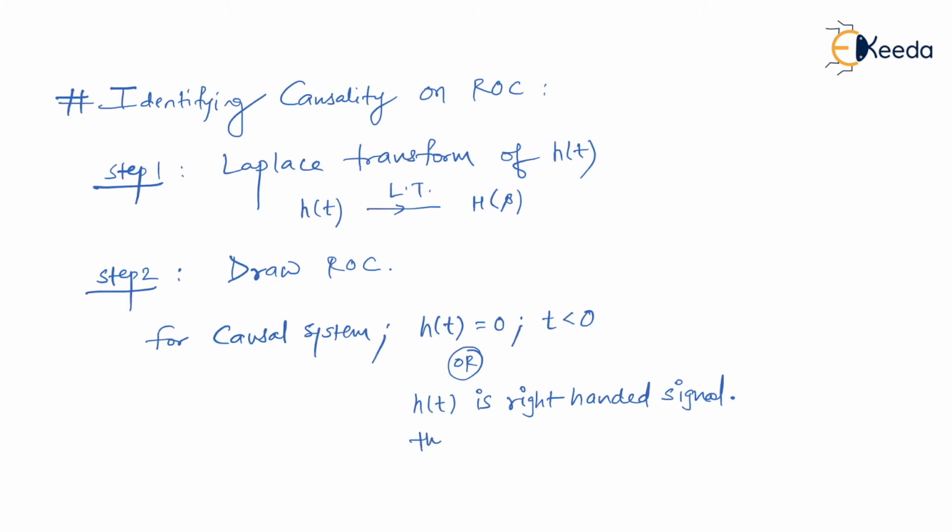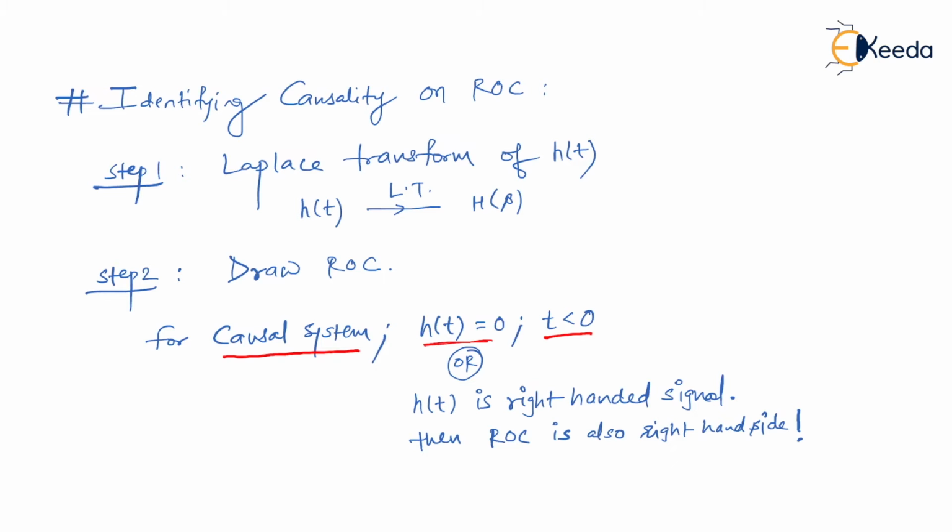Then the ROC is also present at the right-hand side. So we need to think in the vice versa situation. That is, we know that if h of t is equal to 0 for t less than 0, then it belongs to a causal system. Am I right?